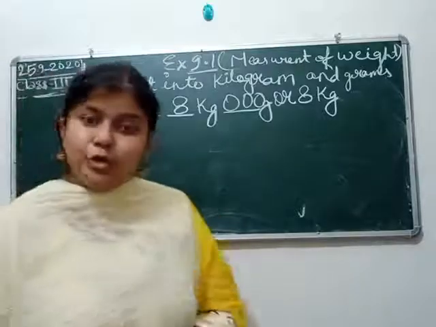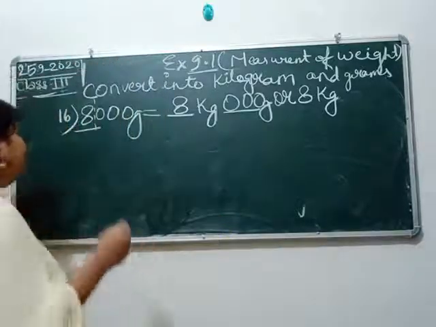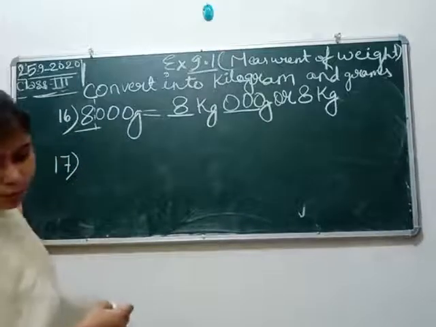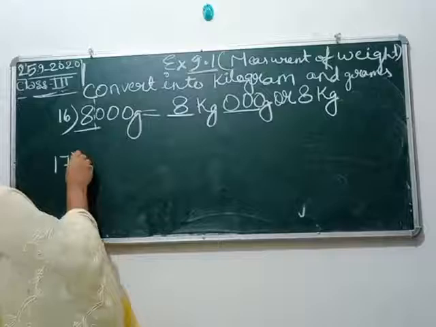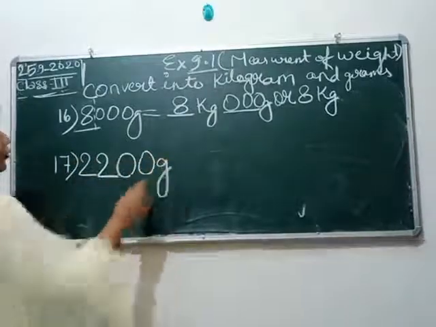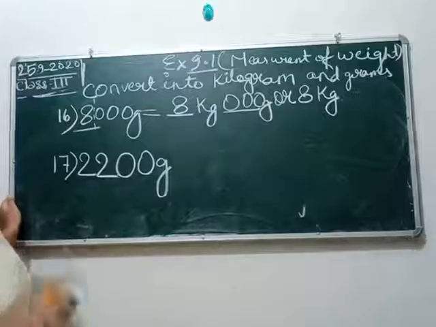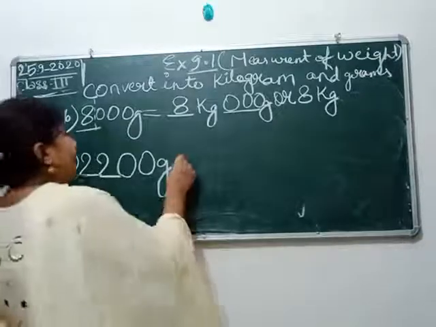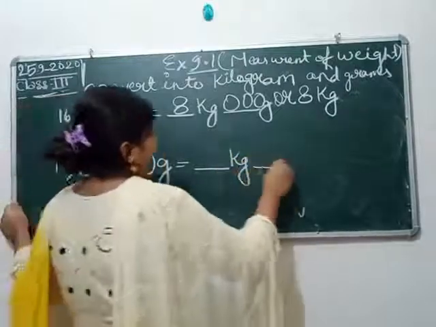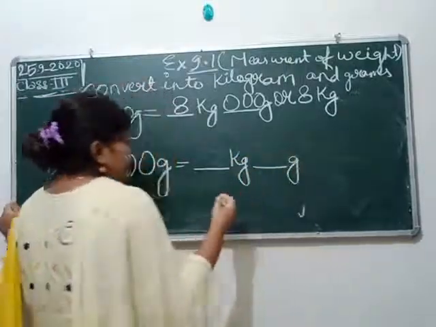Now the next question, question number 17, is 2200 gram. First of all, make two blanks, kg and then at a distance gram.